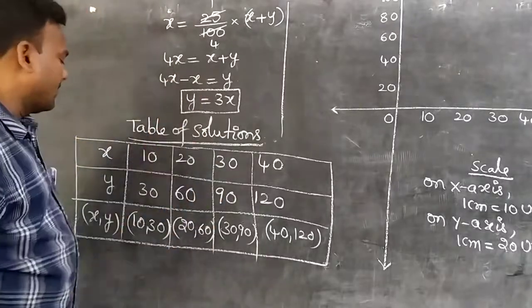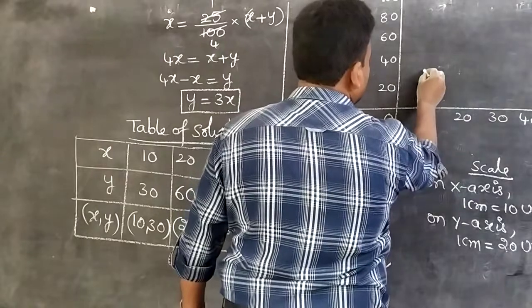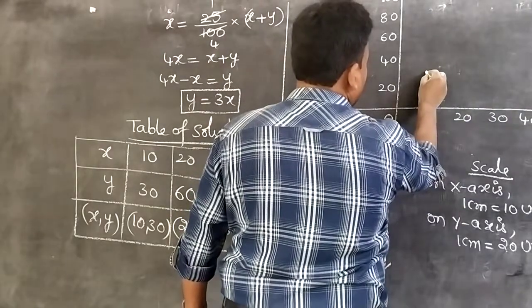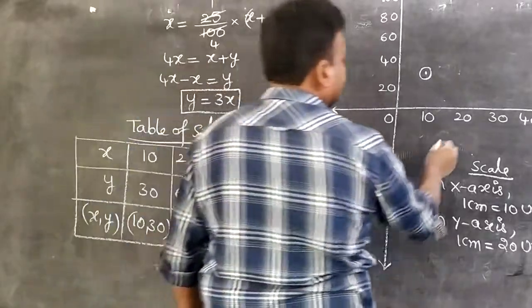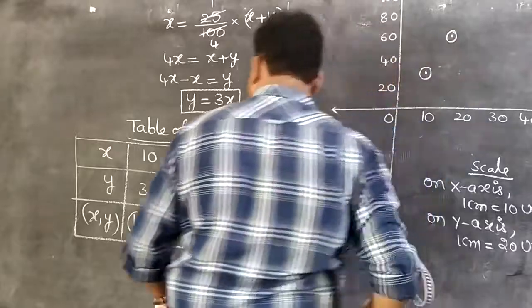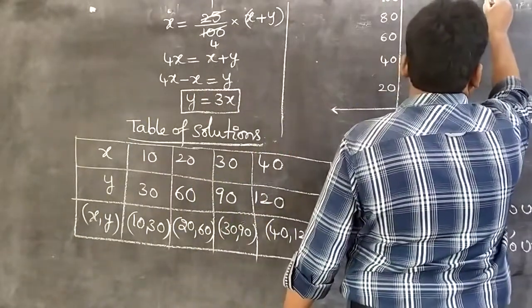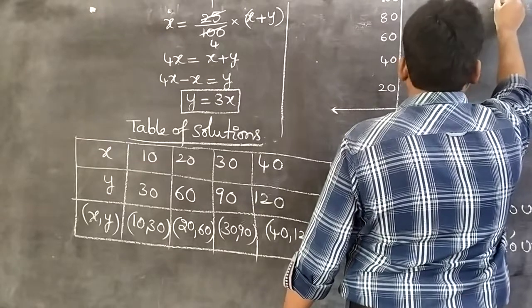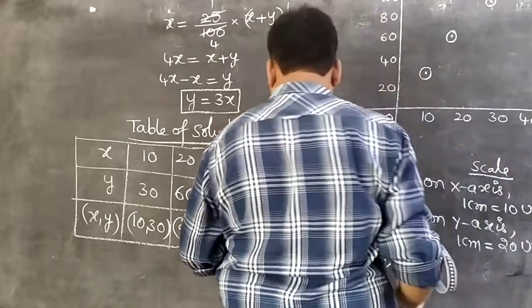Okay, plotting the points: 10 and 30 like this here. Next, 20 and 60. Next, 30 and 90. Next, 40 and 120.